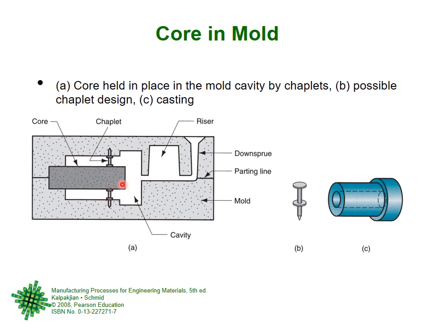So this is pretty technical work, how do you design the sand mold in such a way that you have a good solid holding of the core. So you design a small cavity where you can put the core, and on the other open side of the core you can use chaplets and so on, and in the end you get a casting with a hole or a cavity inside.